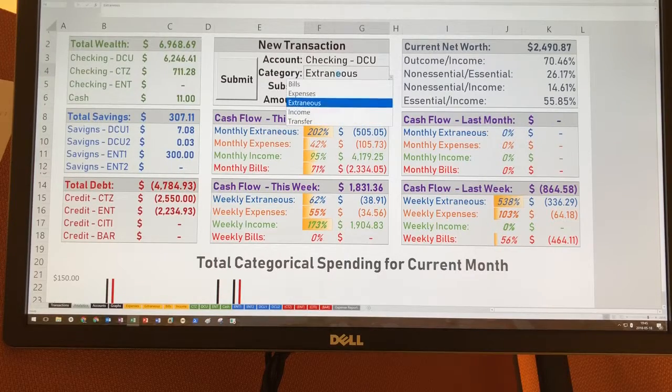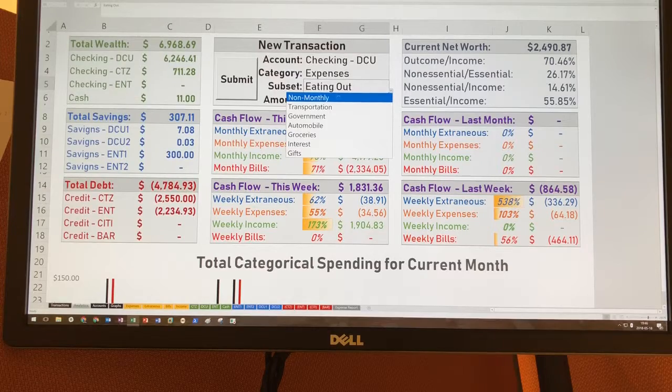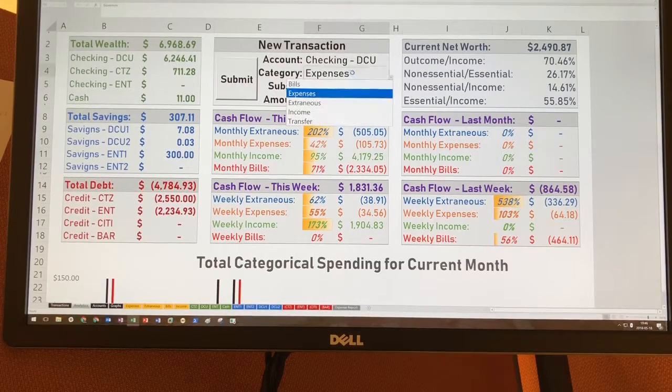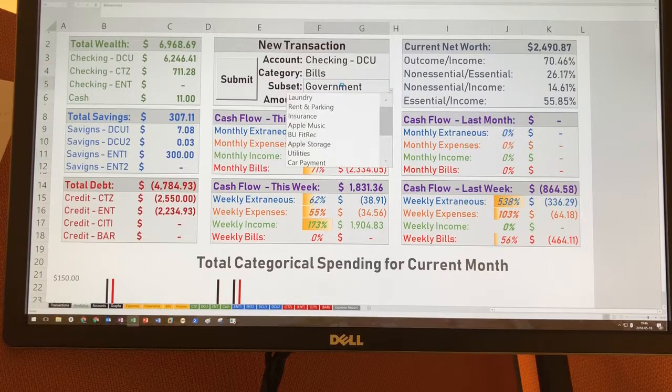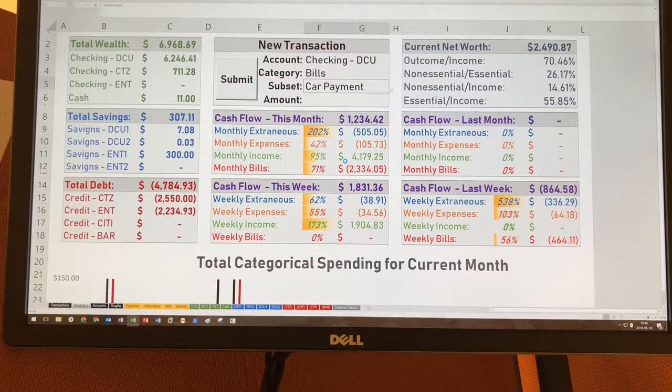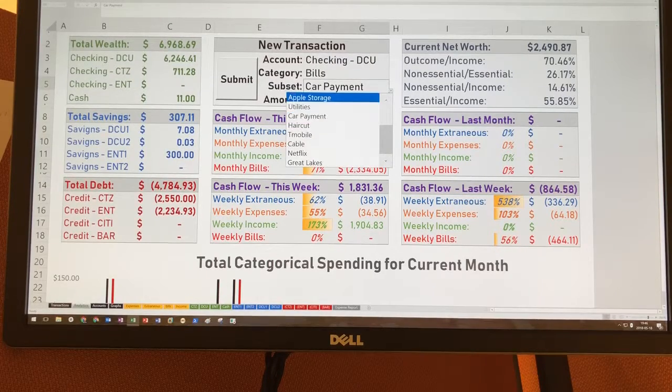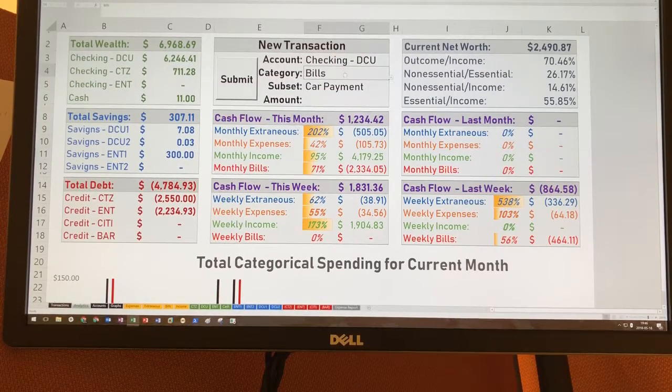If this was expenses, then this now says non-monthly, transportation, automobile, etc. Again, on the same token, bills, I have a lot. Car payment, what have you. And it is the same for income. Transfers are technically another category, but I don't really need to show that.